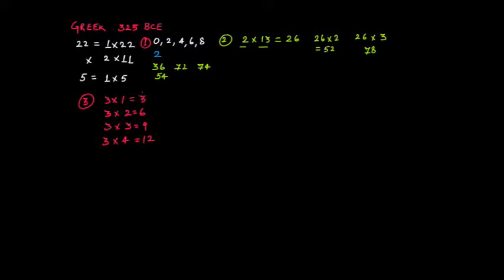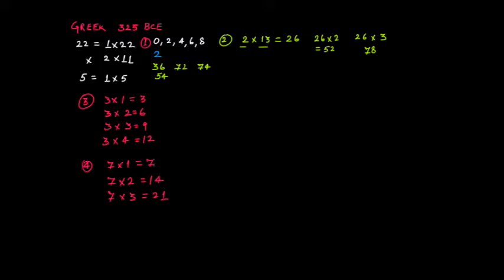So these numbers 3, 6, 9, 12 are all divisible by 3, that is, these are the multiples of 3. They have a difference of 3. Similarly for 7 also, 7 times 1 is 7, 7 times 2 is 14 and 7 times 3 is 21.